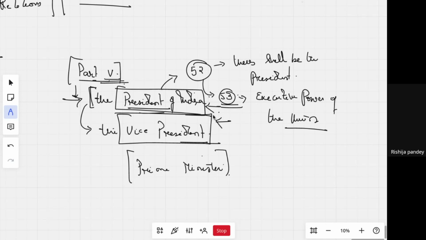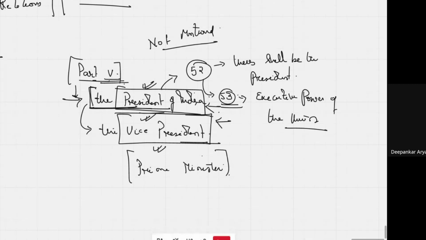So in the Constitution, many times you'll find that many things are not explicitly mentioned. But just by looking at the sequence in which the official post has been mentioned, we can make an inference about the correct answer. This is something that the examiner tries to examine.